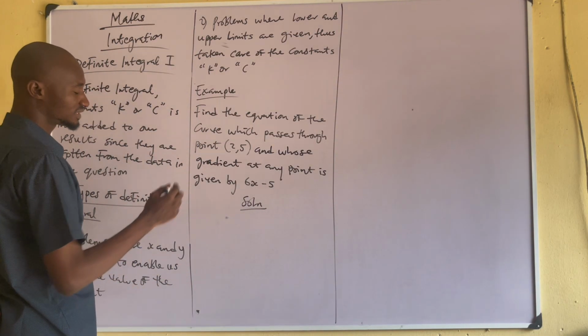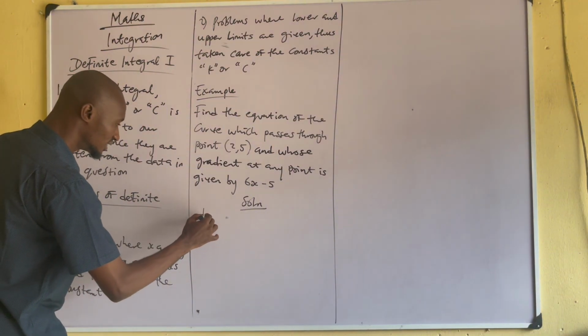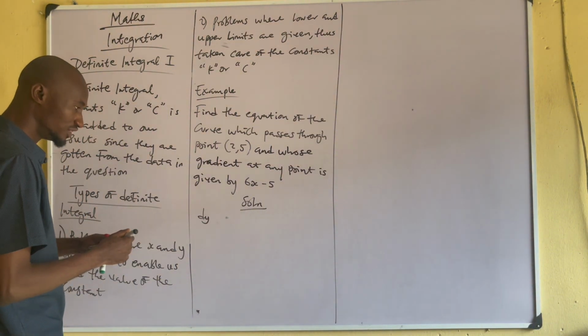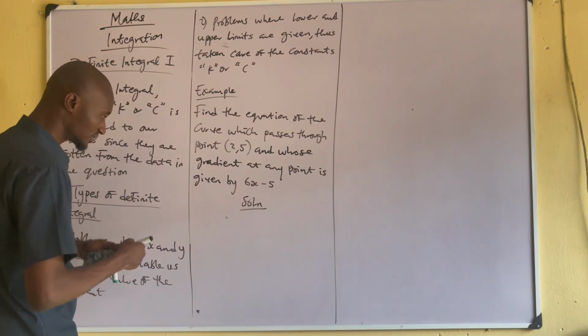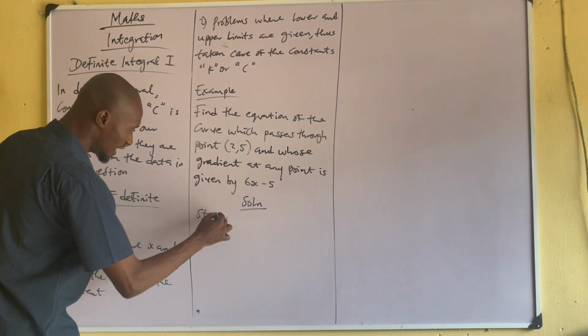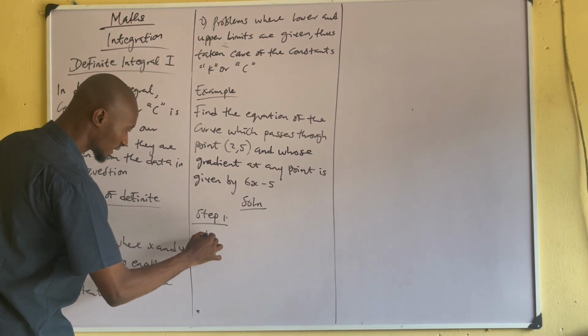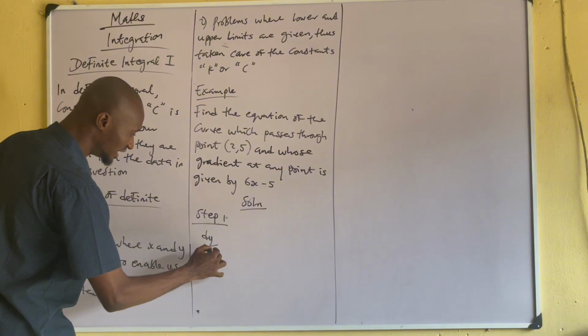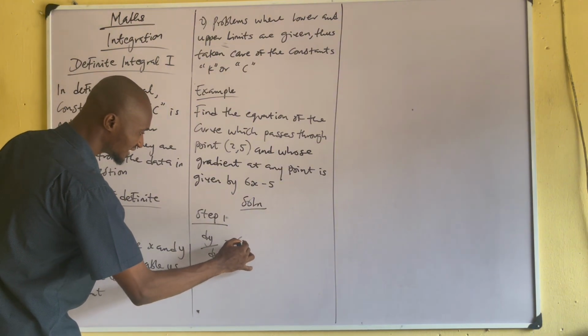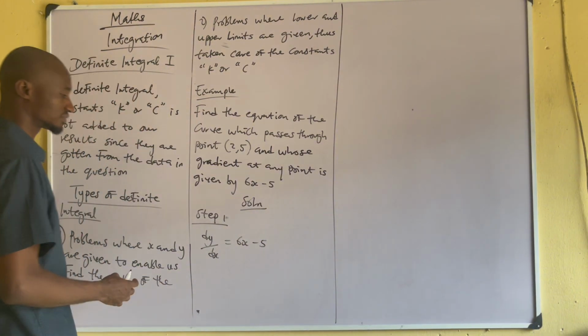Now, let me give you steps. Step 1: introduce dy/dx, which is equal to 6x minus 5.